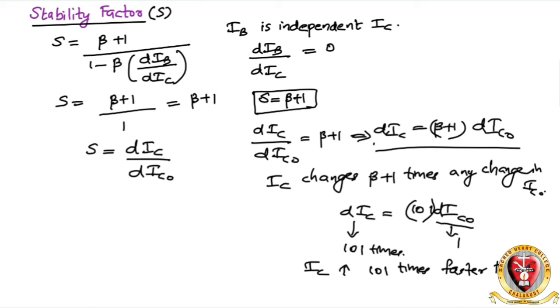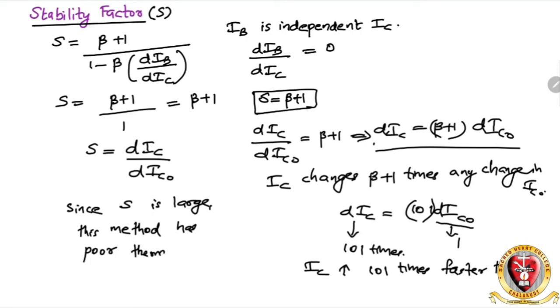So this is not a stable biasing circuit. Since the value of S is high, we can say that this method has poor thermal stability. So this is one of the main disadvantages of base resistor method.